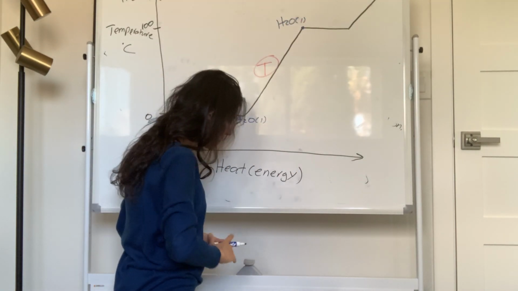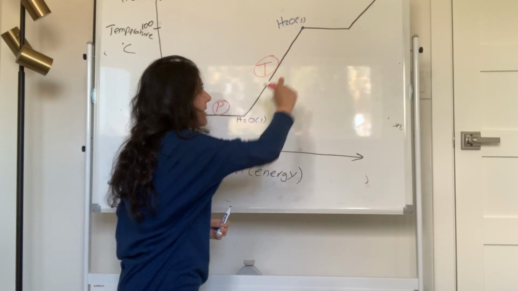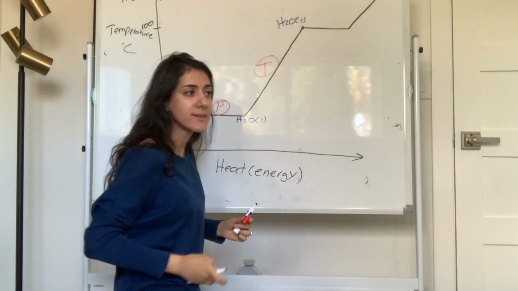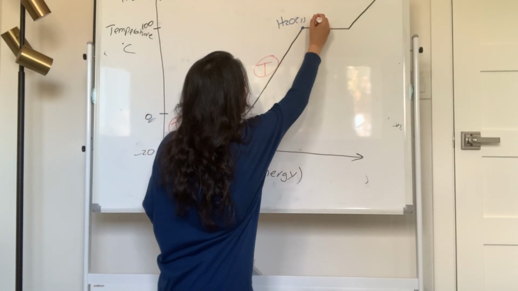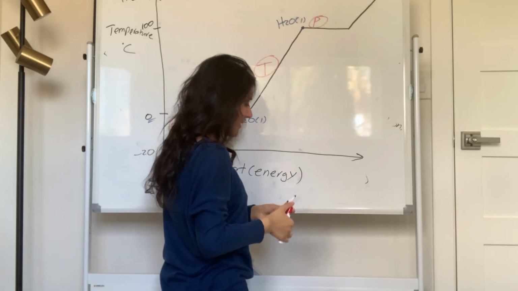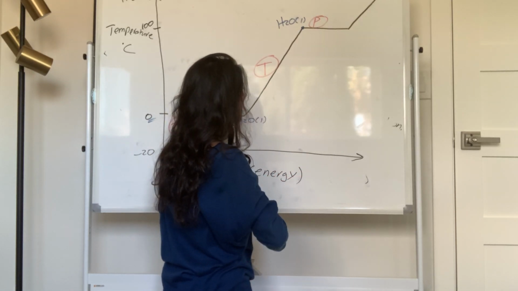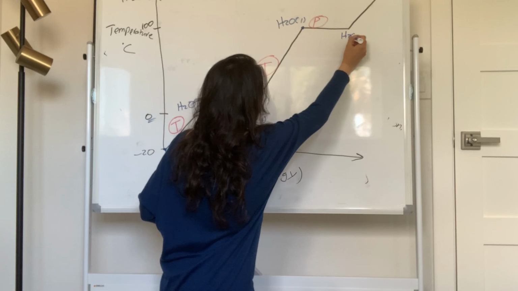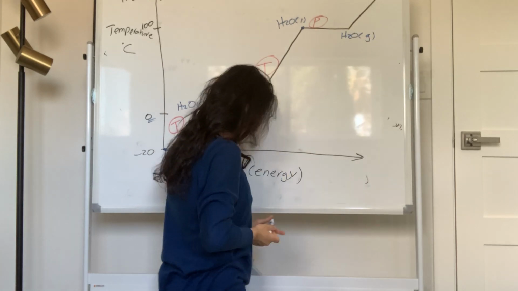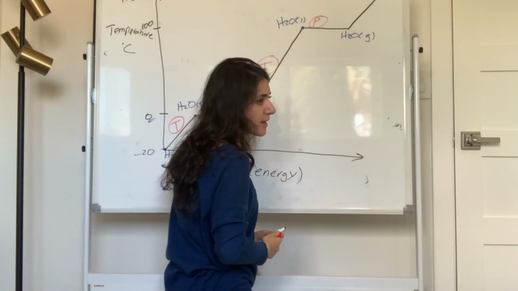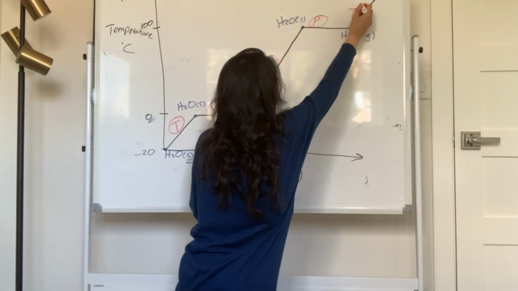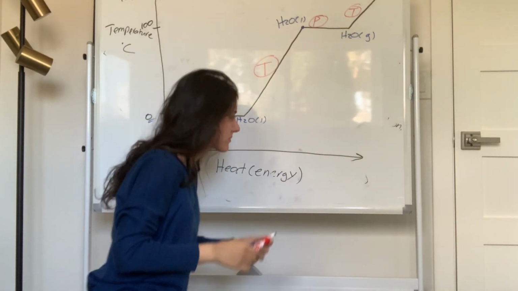Once I reach 100, if I add more energy, then what's going to happen? It's going to be a P change. Okay? So it's going to be water in a gas phase. Now if I keep adding more heat, then it's going to be a temperature change.